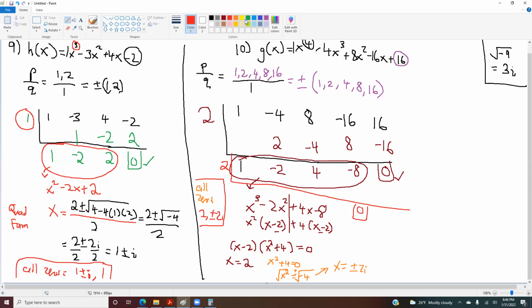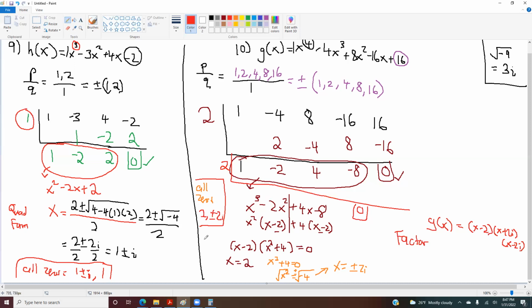If I want you to write this in factored form, the g of x here, as you know, you have the zeros, you can change them. So this will become x minus 2, and then x plus 2i, and then x minus 2i.